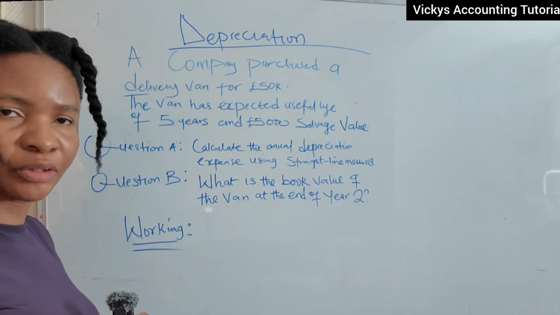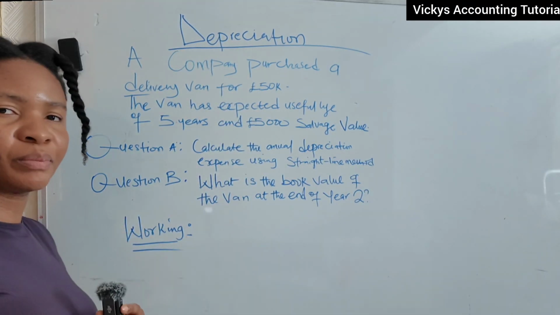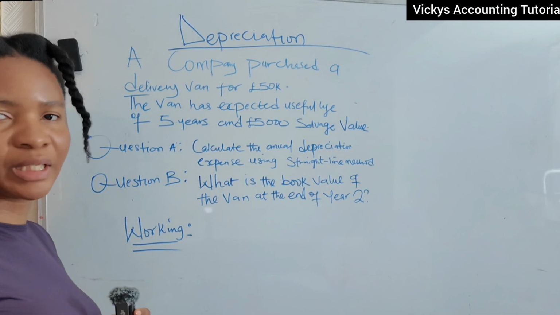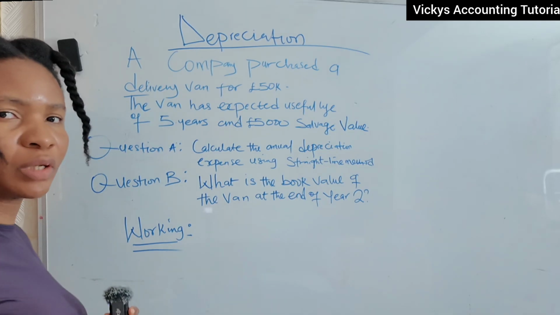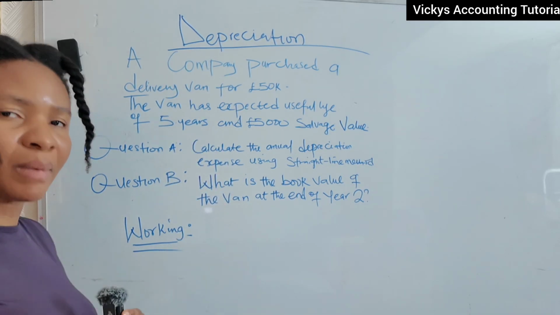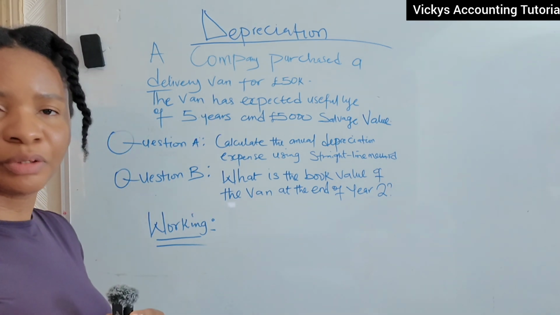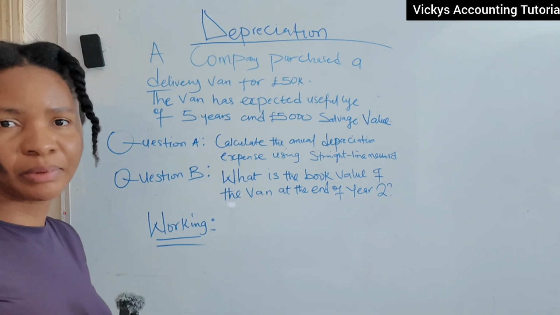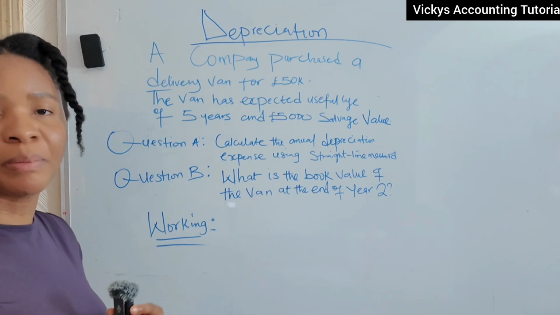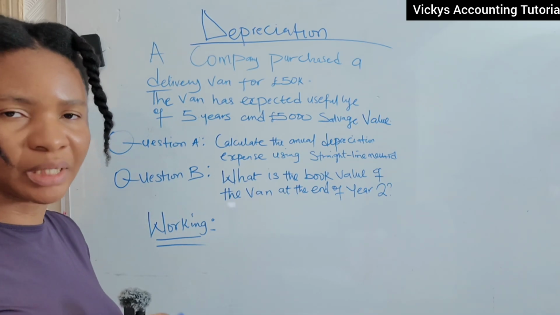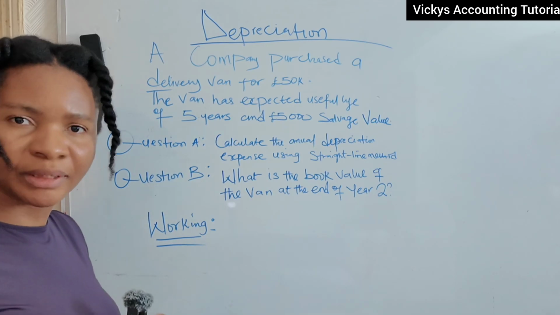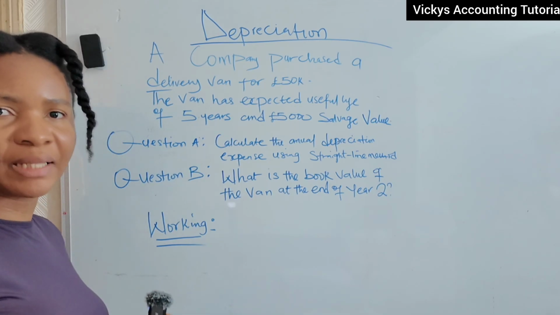What is depreciation? Depreciation is simply a systematic process of allocating the cost of a tangible asset over the useful life of that asset. Depreciation simply follows the matching principle. This principle is one of the accounting concepts. The principle requires that cost and revenue should be matched in the same period to which it relates. The same period a cost helps to generate income, it should be matched together in that same period.